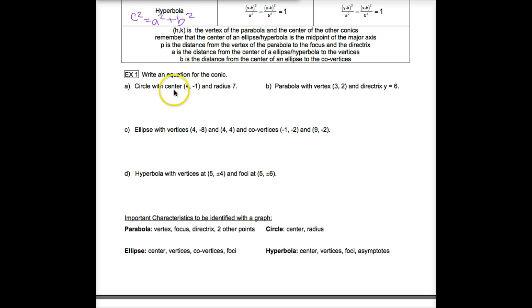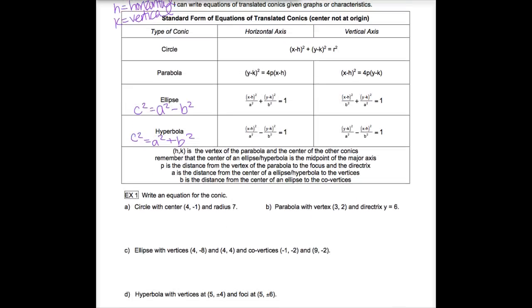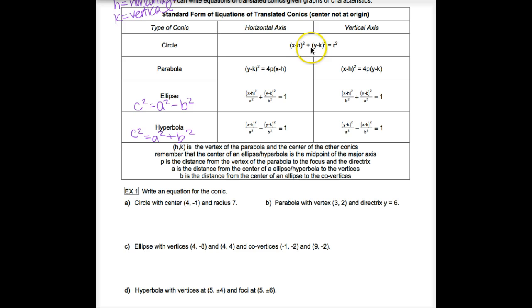So we've got a circle with center 4, -1 and radius 7. So we look at our equation for a circle, we do x minus h squared plus y minus k squared equals r squared. So x minus, this is h, this is k, because we talked about that here, x minus 4 squared plus y minus -1 squared equals r squared.